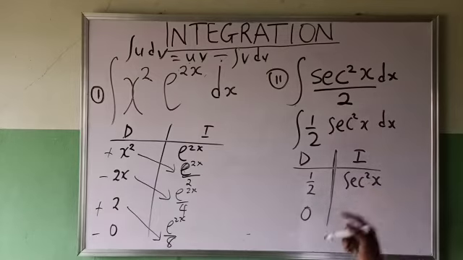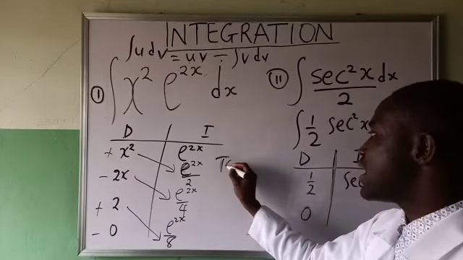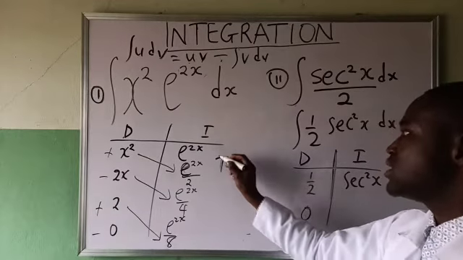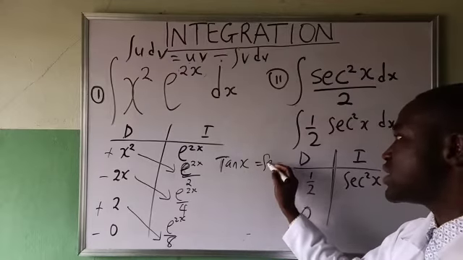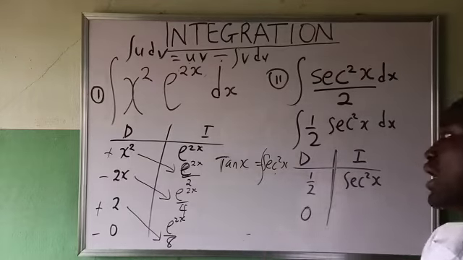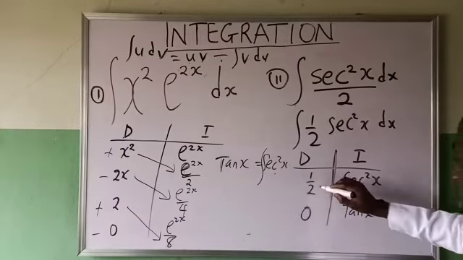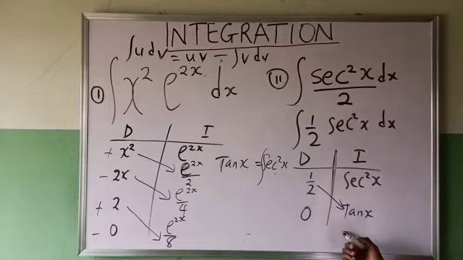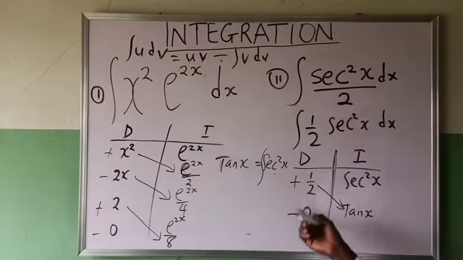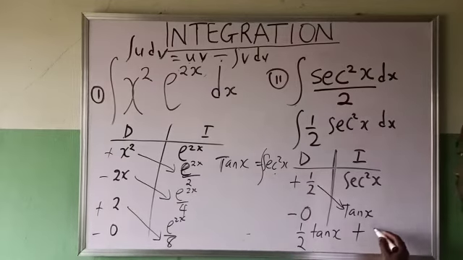Then integrate this. The derivative of tan x, dy dx of tan x, is equal to sec squared x. That means that when you integrate sec squared x, you get tan x. So integrating this, I will have tan x. So what I will now do is put plus, minus and stop, because here is where I have 0. Then this times this will give me 1 over 2 tan x plus c.